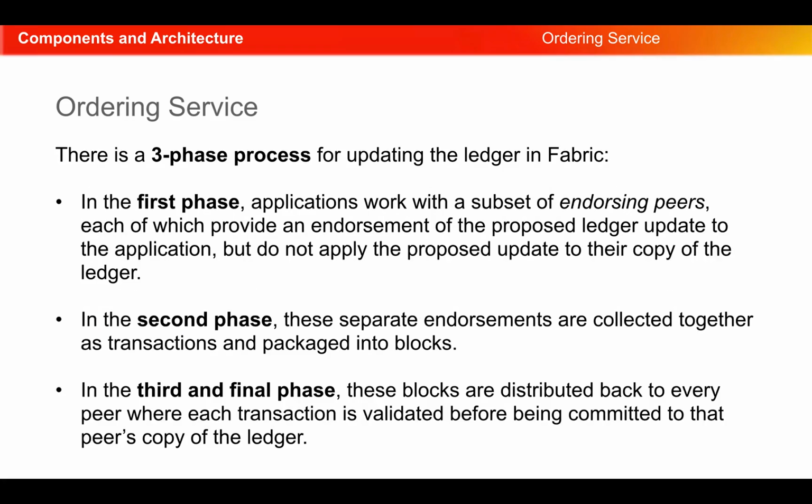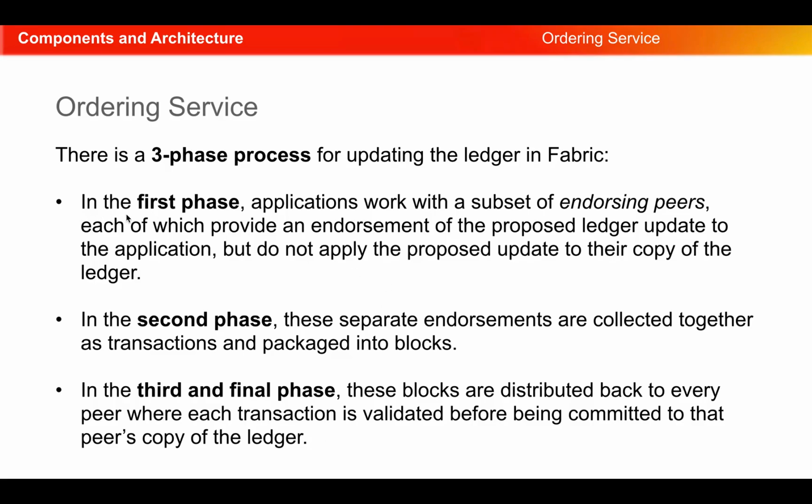So how does this consensus happen? The consensus happens in three phases. These are the three phases that you have to go through for updating the ledger in Fabric. This is taken care of by the orderer itself in Hyperledger Fabric.